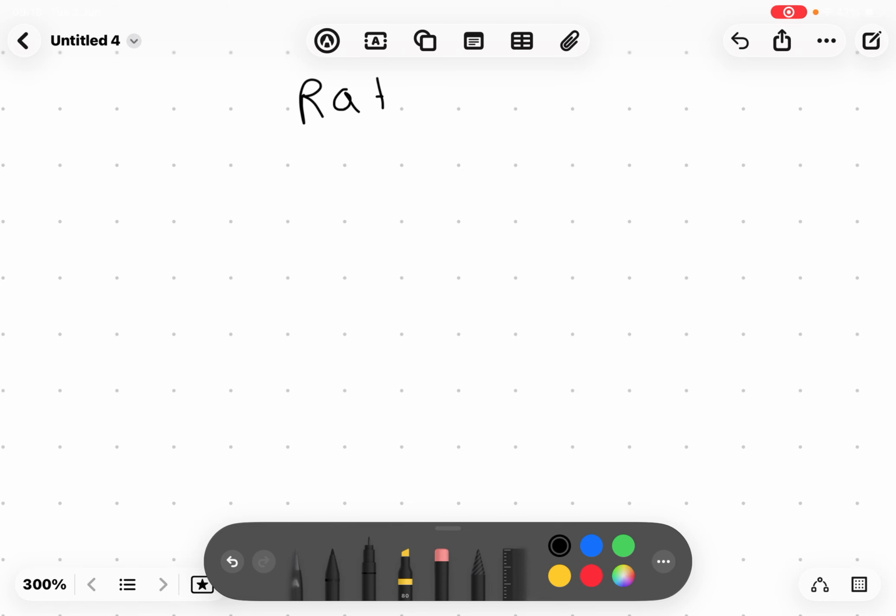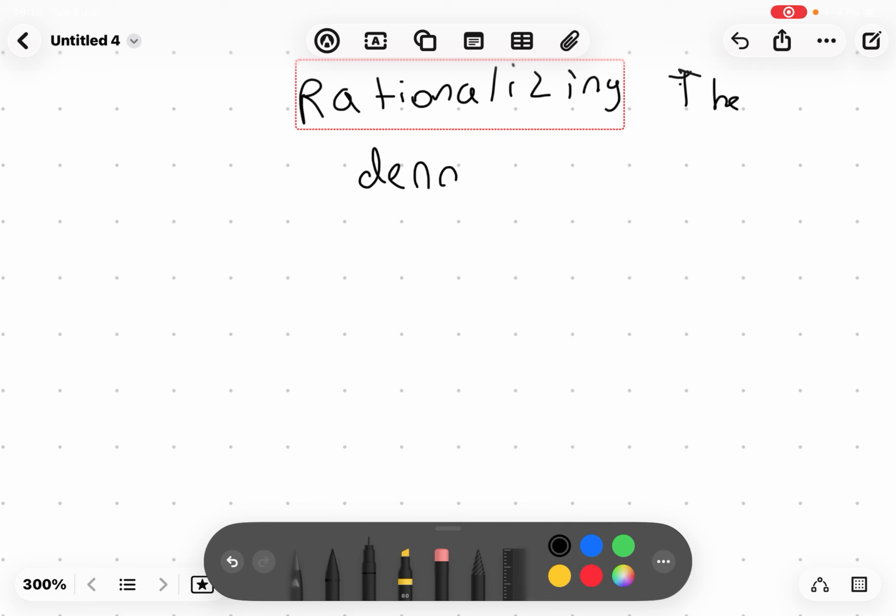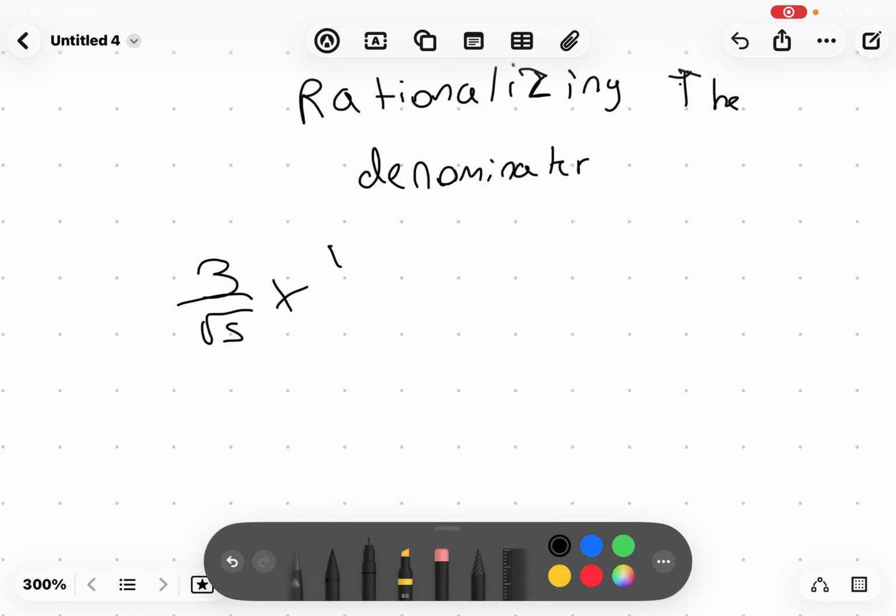Now let's talk about, so let's say we have this type of thing, right? What this basically means is that, how can I explain?